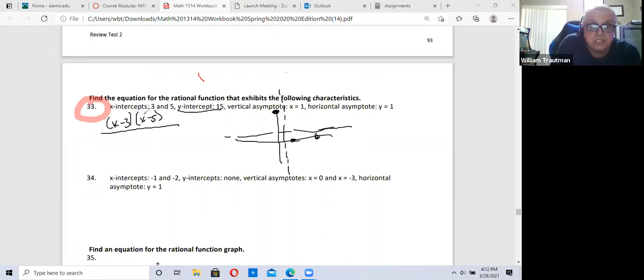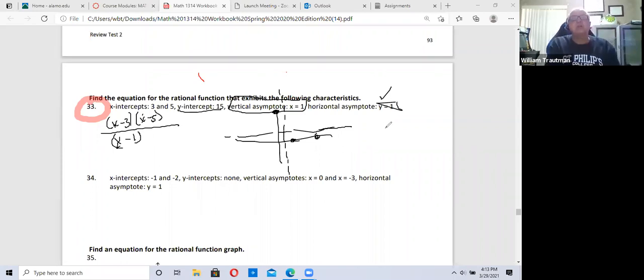The vertical asymptote is x equals 1, which is x minus 1. The horizontal asymptote is y equals 1, which means the power on top has to be smaller than the power on the bottom.